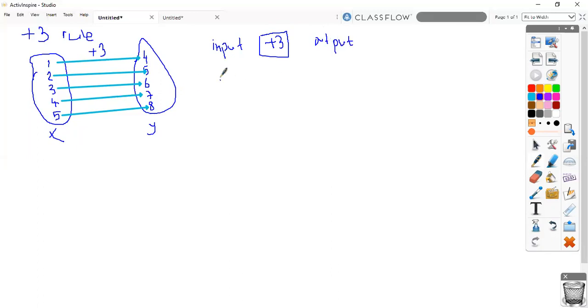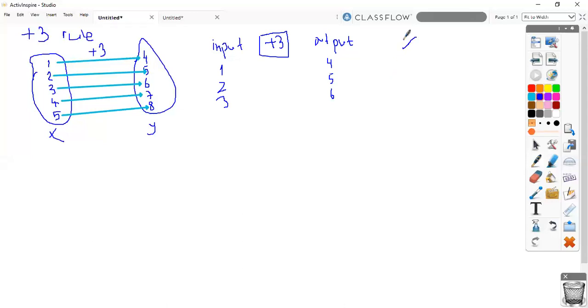Now on the left side, if input was 1, the output was 4. If it was 2, output was 5. If it was 3, output was 6. Now here we can use another way. It was mapping.